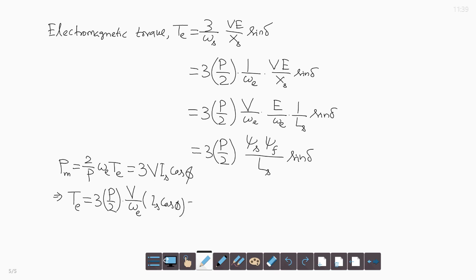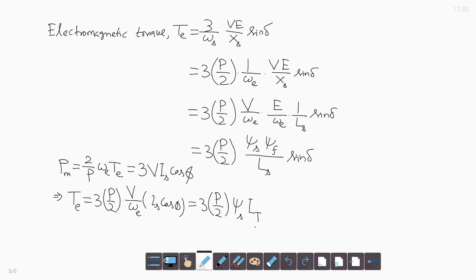So, we can write it as 3 pole pairs, V by omega e is stator flux linkage psi s, and I cos phi is It.